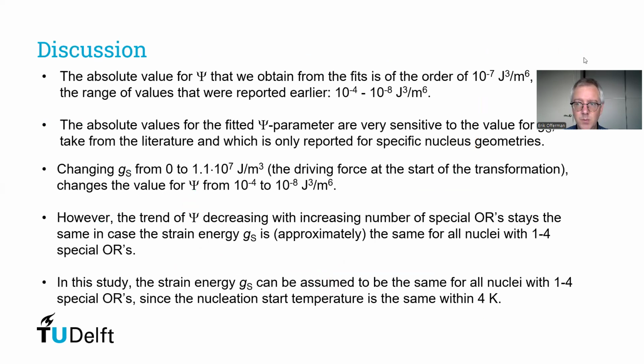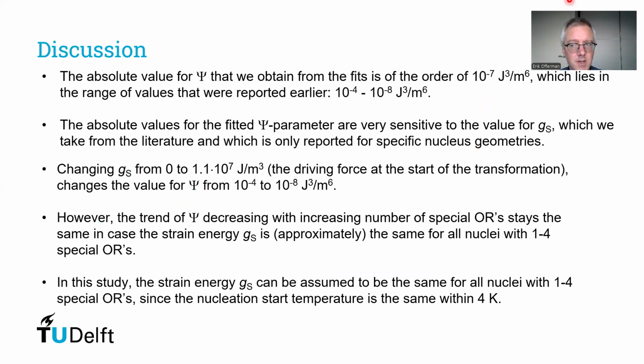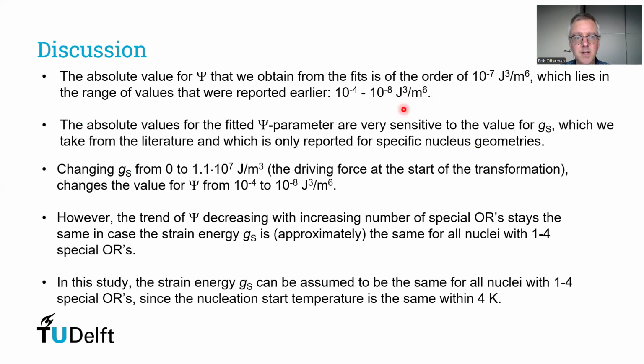So it's maybe good to discuss some of the subtleties of these measurements. The absolute value for the psi parameter that we obtain from the fits is of the order of 10 to the minus 7, joule to the power 3 meter to the power 6, which lies in the range of values that we reported earlier, as you can see here. The absolute values of the fitted psi parameter are very sensitive to the value of the delta G_S that we assumed and took from the literature.